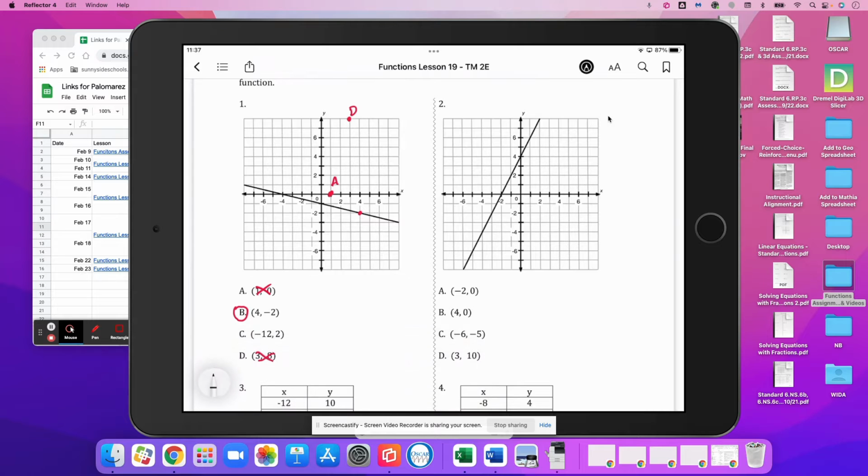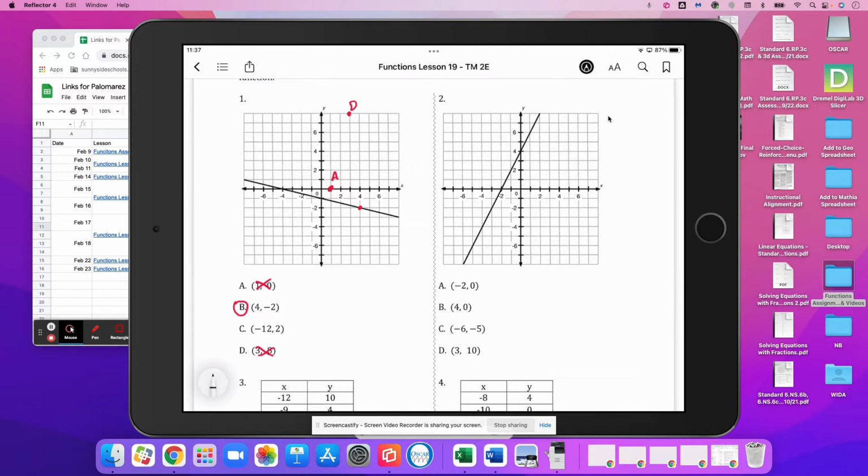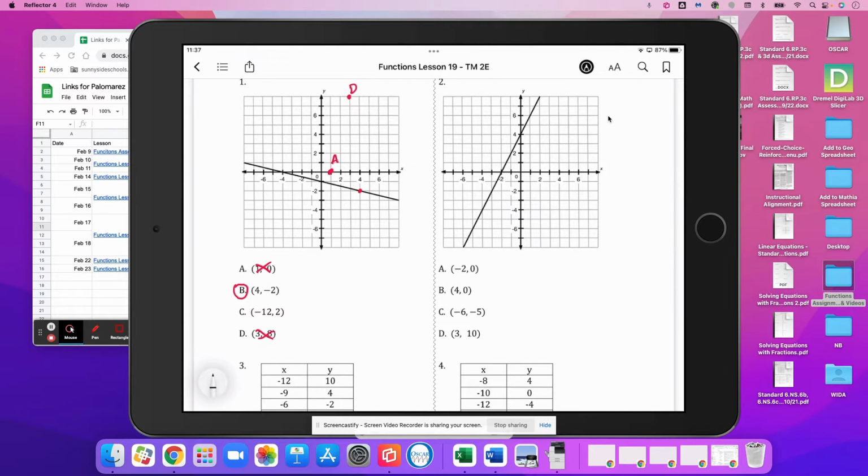Let's take a look at (-12, 2), though. What we need to do to test (-12, 2) is go ahead and make an equation for this line so we can see that the slope of this line, the line is going down 1 and to the right 1, 2, 3, 4.